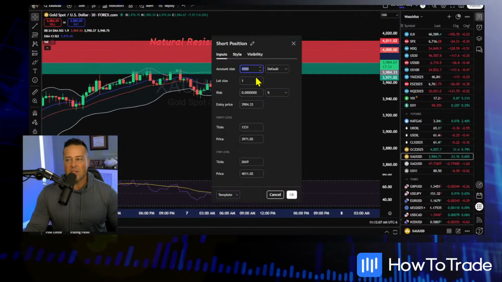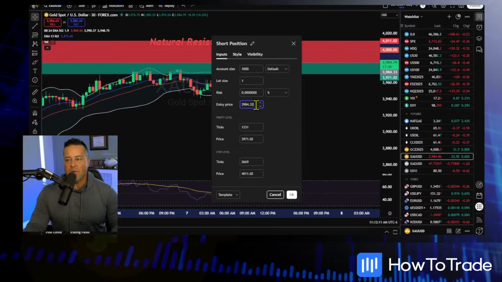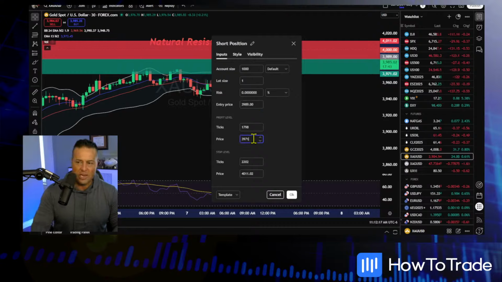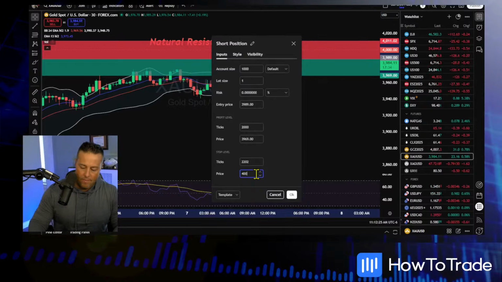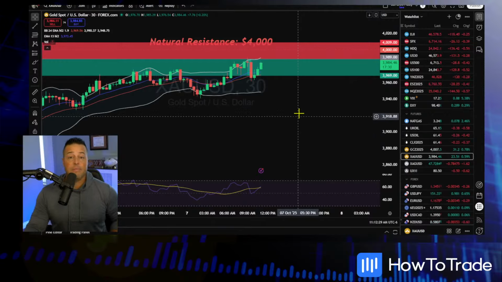I got to line this up because it's throwing me off. The bottom line was this. Your entry price was 39.89. We had this drawn up in our trade ideas. Your profit level was 39.69. And then your stop loss was going to be 4,009. A lot of nines, right? Beautiful thing. That was a real beautiful thing.